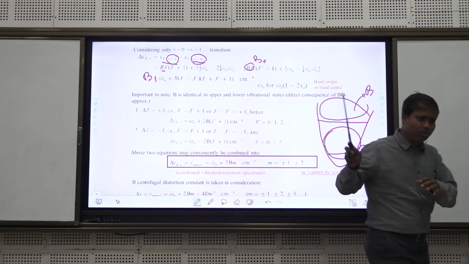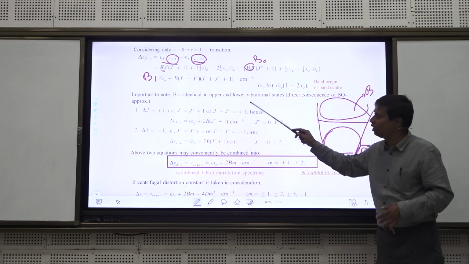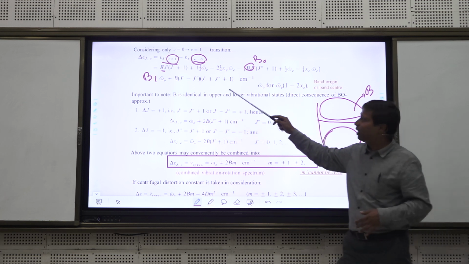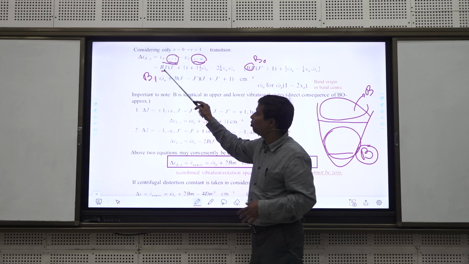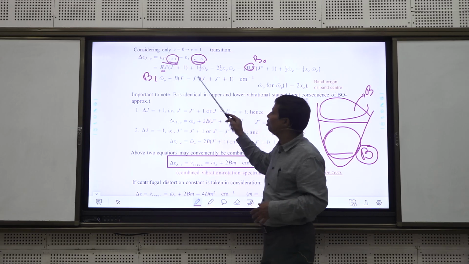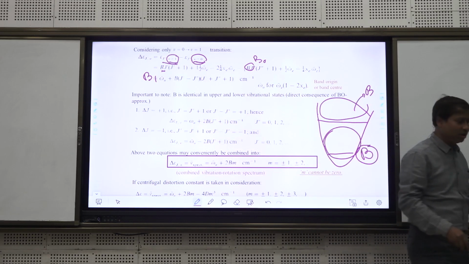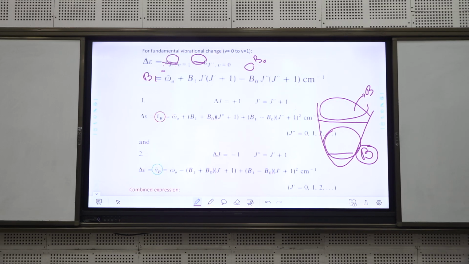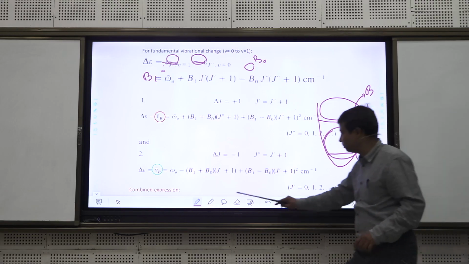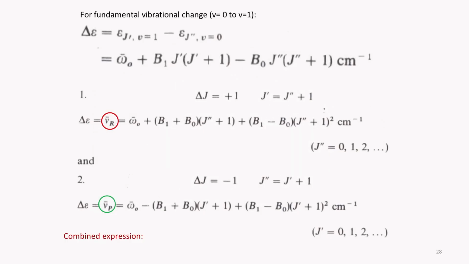So if you do the same calculation, only when you are considering V equal to 1, you write B1, and when you are considering V equal to 0, you write B0. Then V equal to 1 gives B1 minus V equal to 0 gives B0. That's all, nothing else.